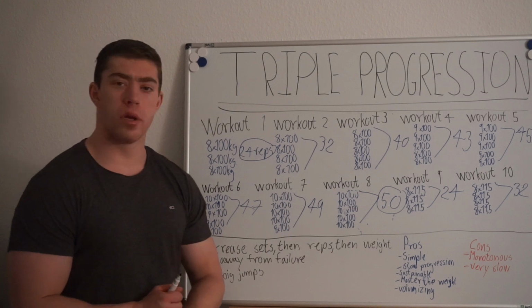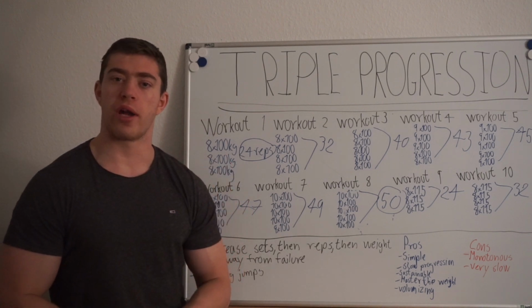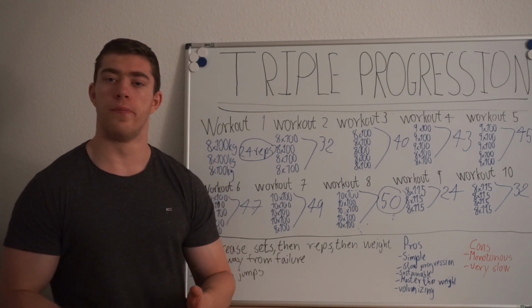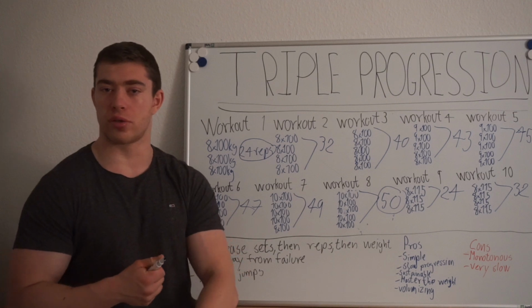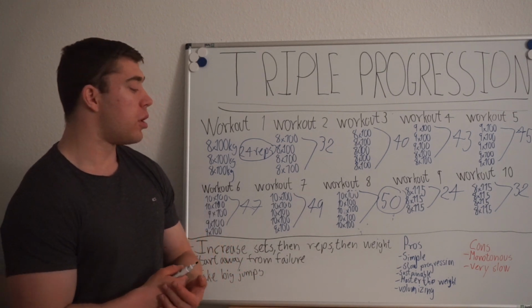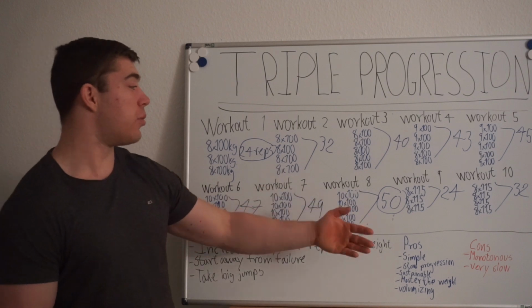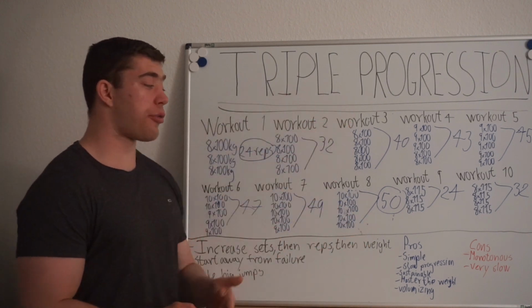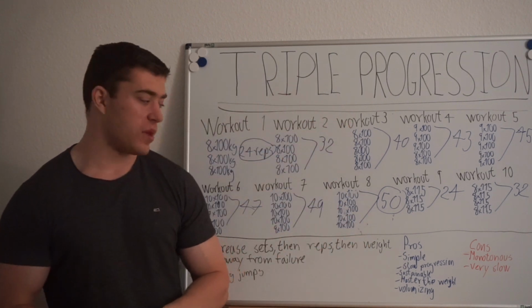Like with double progression, we have the opportunity to do different things with the structure, as I talked about in that video. But we can't do that here. We can only do it in this one way.